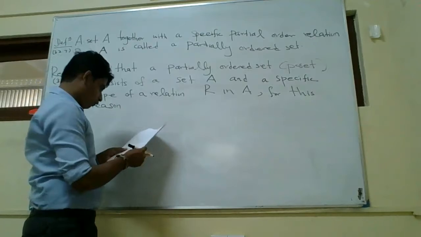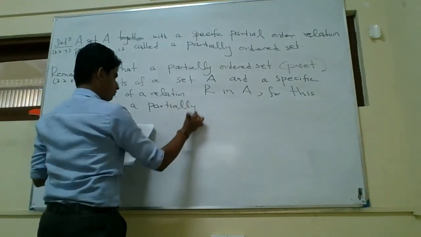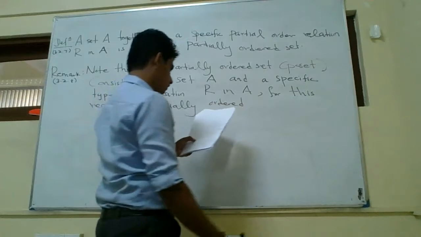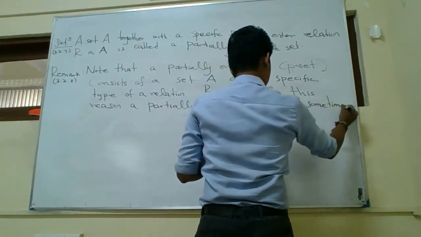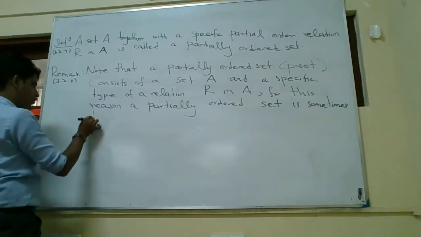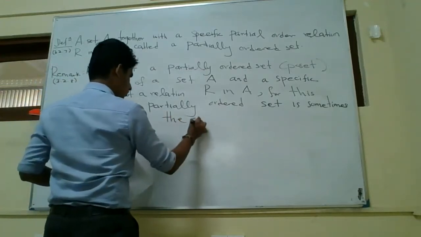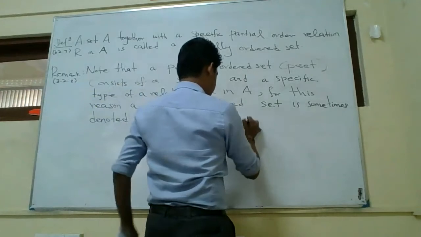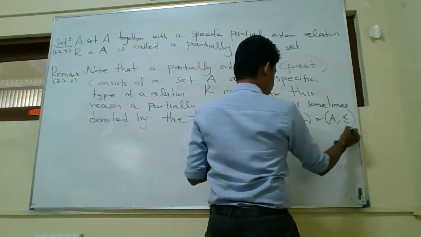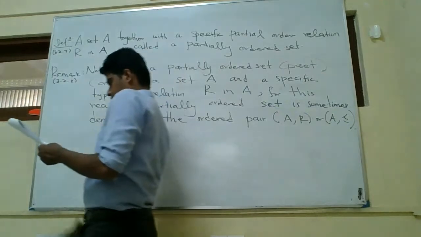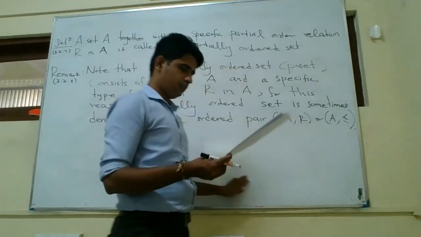For this reason, a partially ordered set is sometimes denoted by the ordered pair A comma R, or A comma that particular relation, like this.